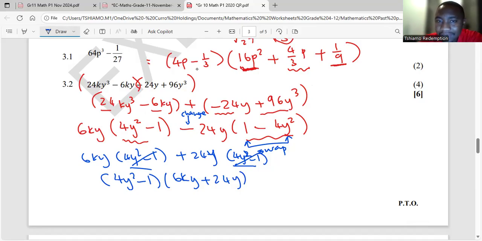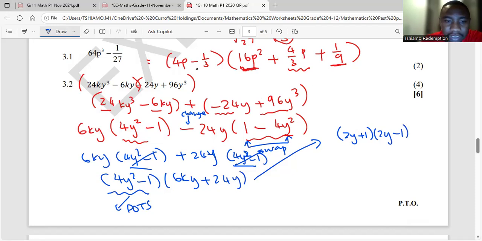In each bracket, I can still factorize. So remember, we need to factorize completely. In the first bracket, I see difference of 2 squares. So I'm going to do that one, which will be 2y plus 1 and 2y minus 1. In this bracket, I see a common factor, 6 and y.